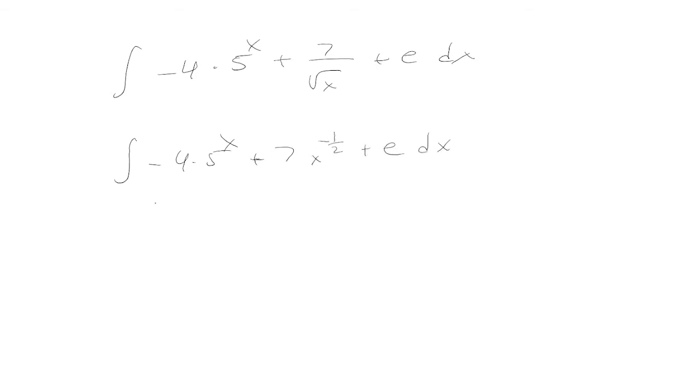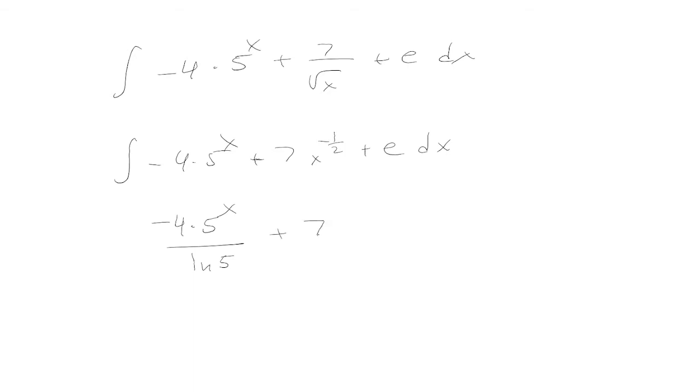You have the integral of negative 4 times 5 to the x plus 7 over root x plus e. I'm going to rewrite this as 7 times x to the negative 1/2. And now this will just be negative 4 times 5 to the x over ln of 5.